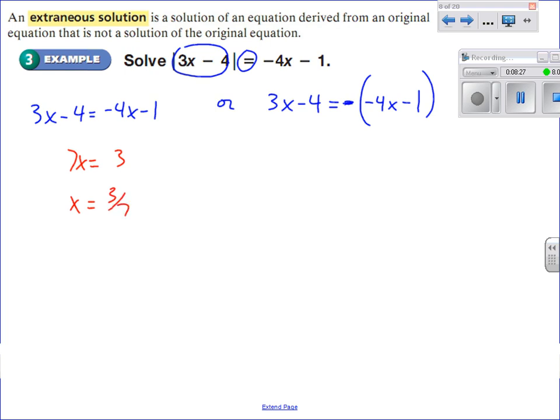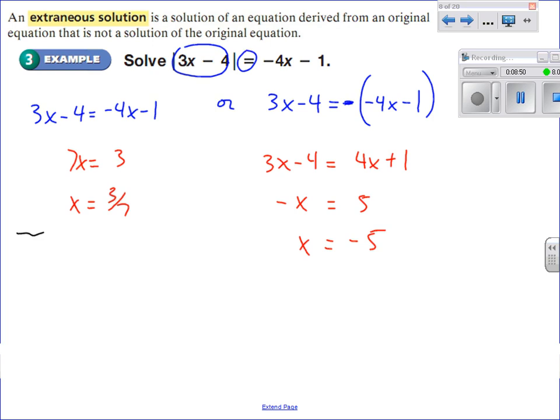And then over on this side, first thing I'm going to do is distribute my negative, and I get 4x plus 1. And then we solve this two-step equation, add 4 to both sides, and I get 5, subtract, I get negative x. So x equals negative 5. Divide by negative 1.